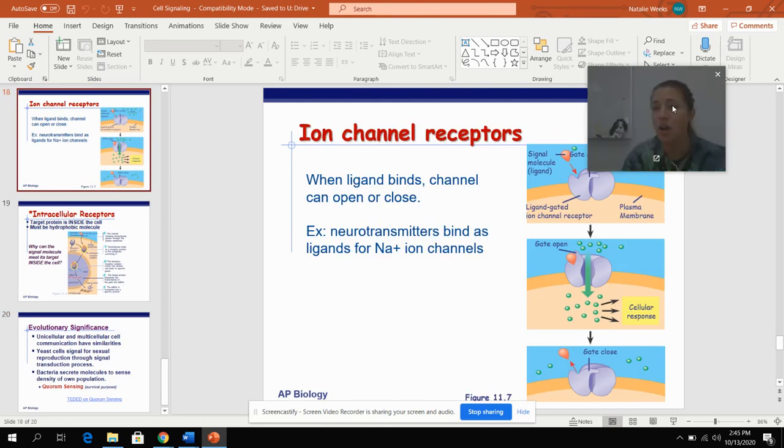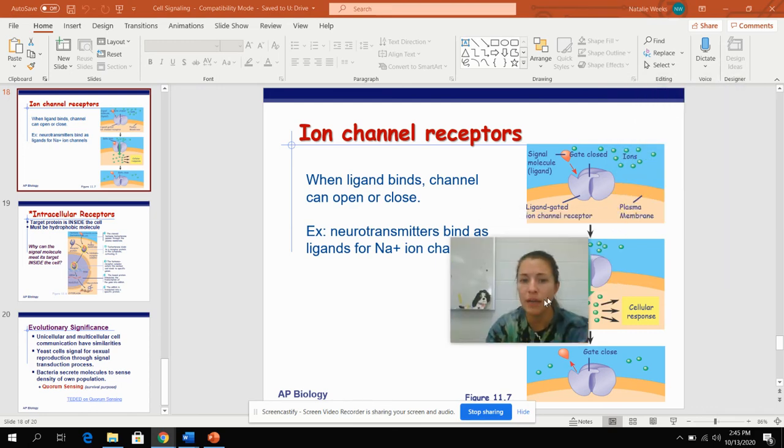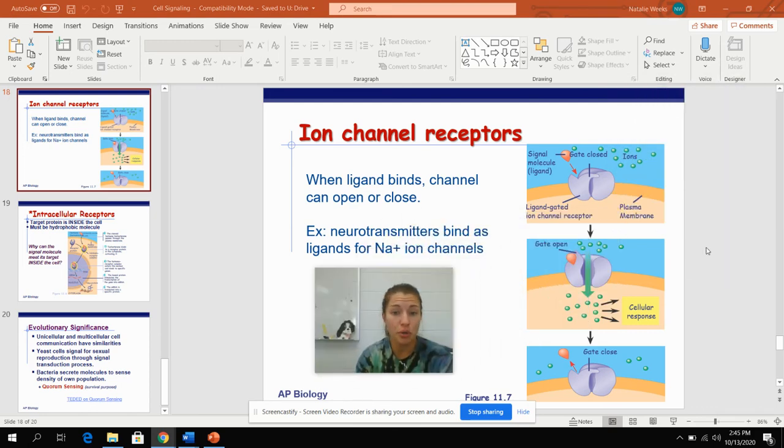Ion channels are used quite a bit for neurotransmission, so we're going to talk about that with the nervous system. They are also used quite a bit for certain signalings to get differences in charge on either side of a membrane. Those are going to be really important later when we talk about certain other cellular processes.